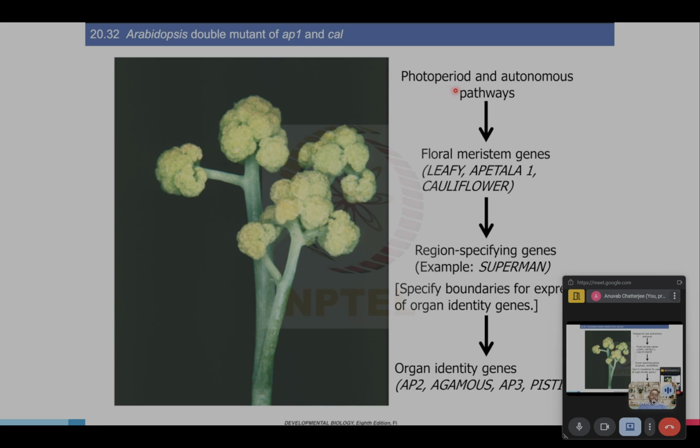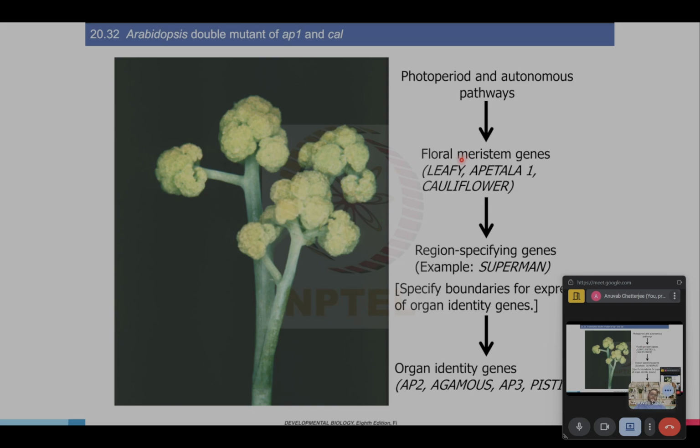Essentially, after the photoperiod and autonomous pathways determine that yes, this is a good time to form flowers, the first genes which start the process off are the flower induction genes, FT and CO. The signal is passed on to the next genes, TFL1, which change the vegetative meristem to an inflorescence meristem.